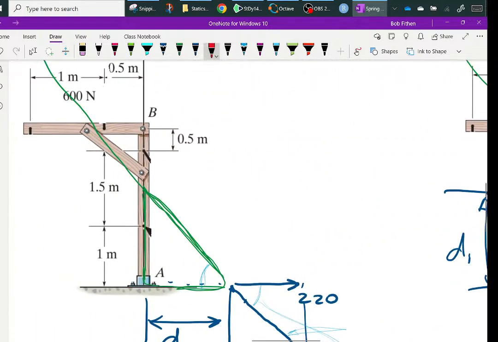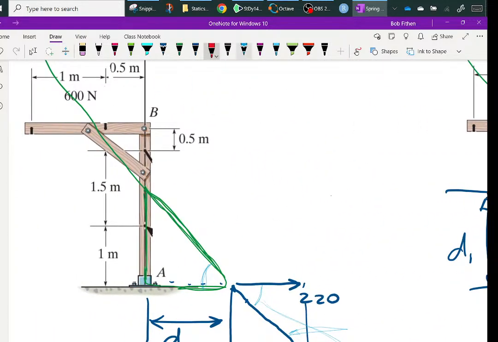So if this is 51.84 degrees, then what's this distance? Well, I should have gone to tangent to begin with.